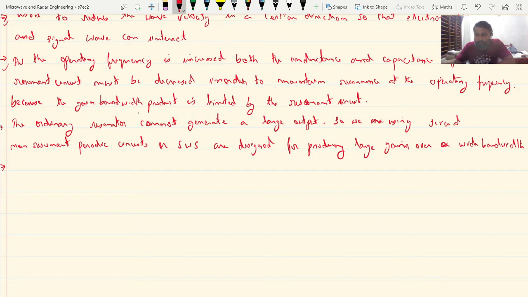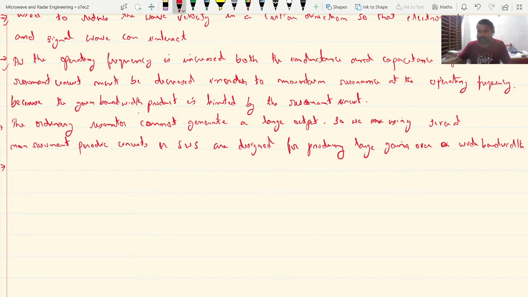So a slow wave structure should be incorporated in the microwave device so that the phase velocity of the microwave signal can keep pace with that of the electron beam for effective interaction. That is why we normally utilize different types of slow wave structure in the traveling wave tube.